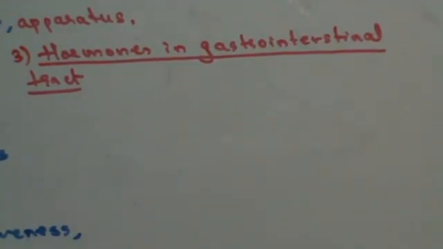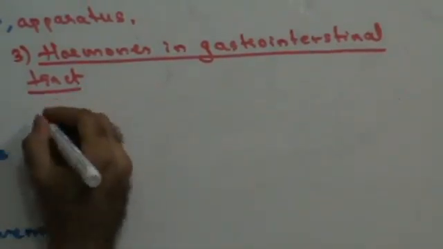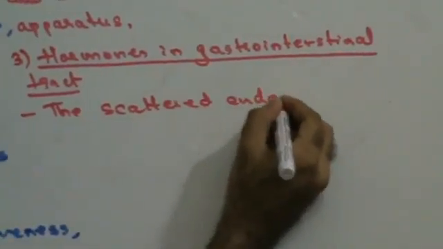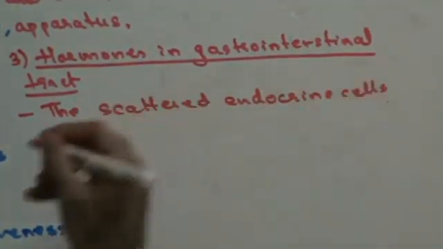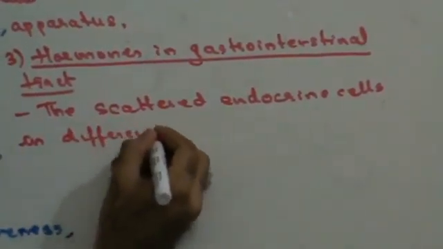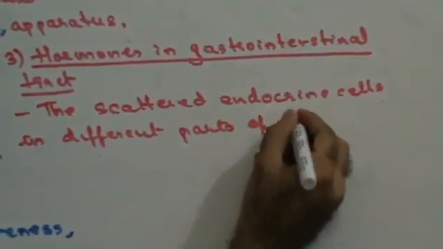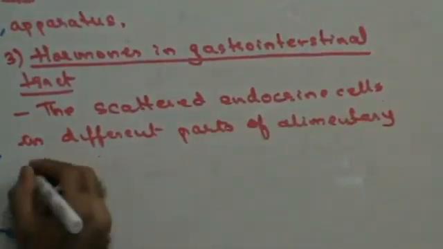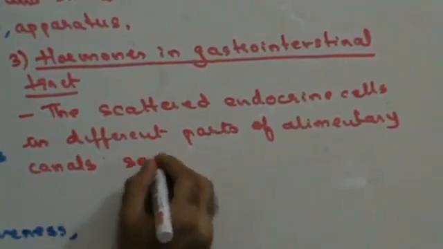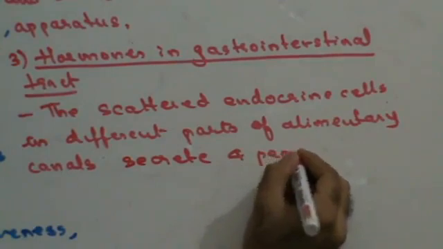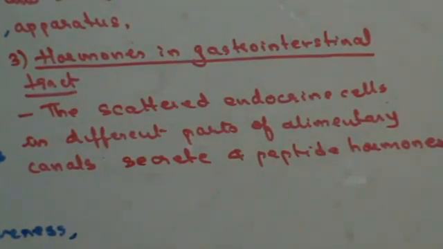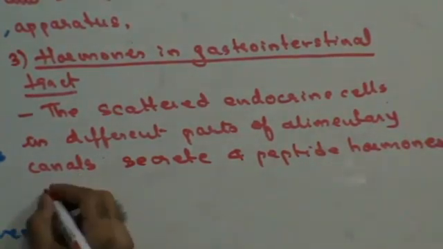Mainly, you have 4 peptide hormones that are secreted there.